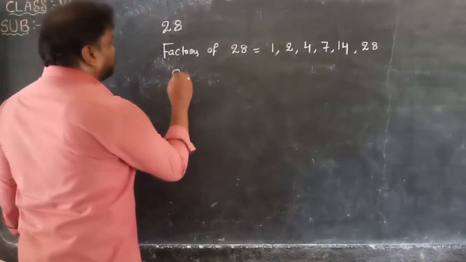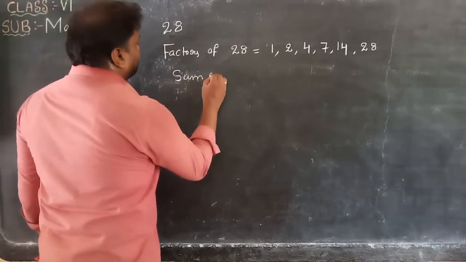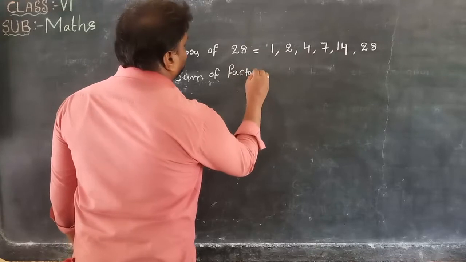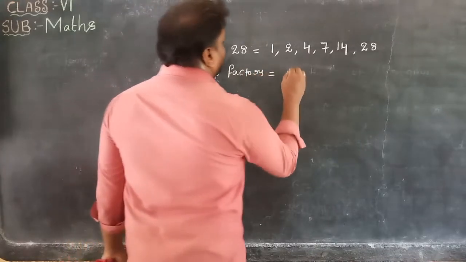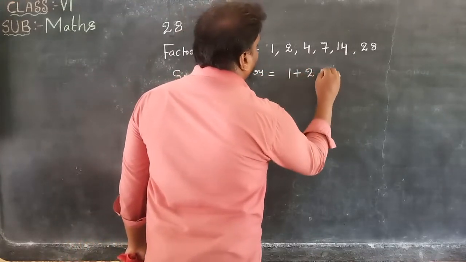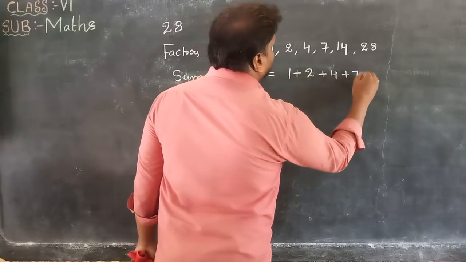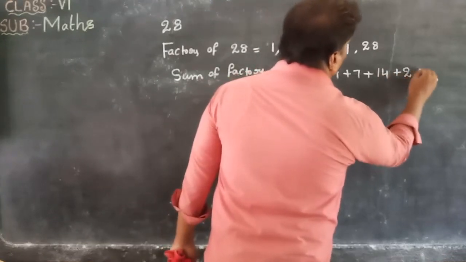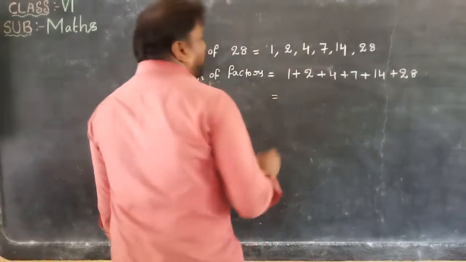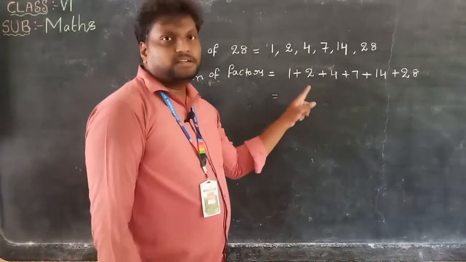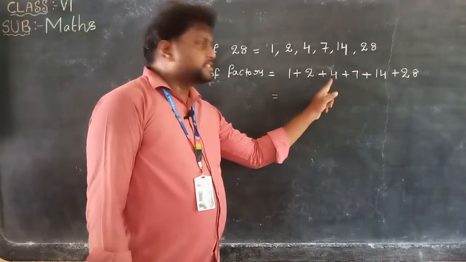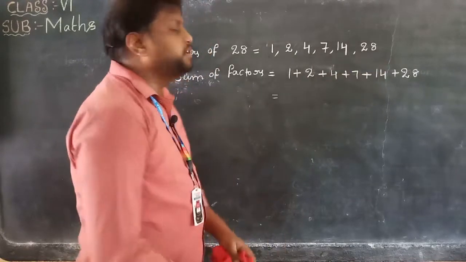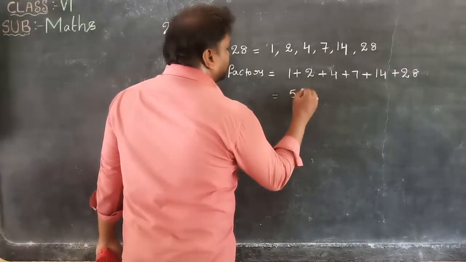Now the sum of factors is 1 plus 2 plus 4 plus 7 plus 14 plus 28. If you add, 1 plus 2 is 3, plus 4 is 7, plus 7 is 14, plus 14 is 28, plus 28 is 56.